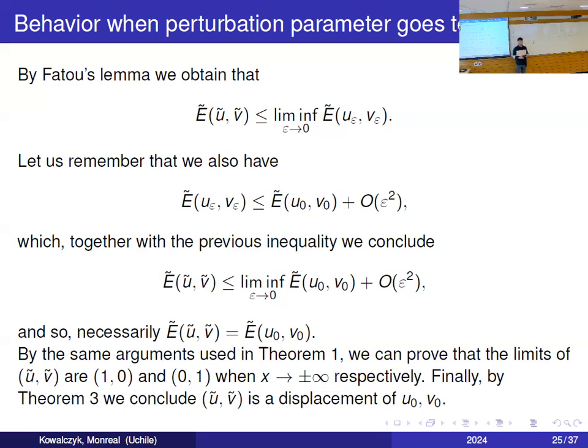Now, using other techniques, it is possible to prove that the limits at infinity coincide with the ones that we want. And we conclude with the uniqueness theorem that these limit functions must be a displacement of U0, V0.